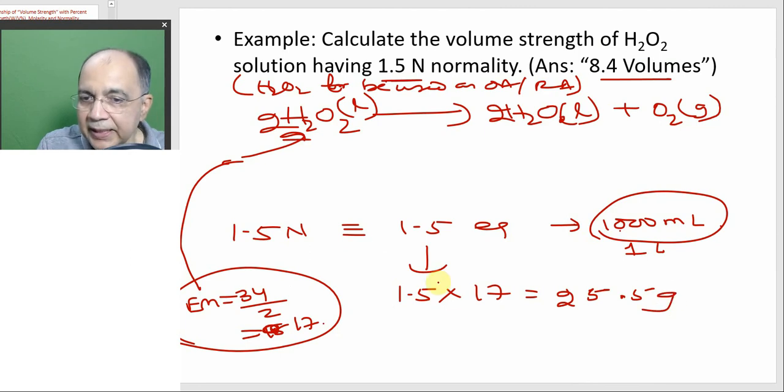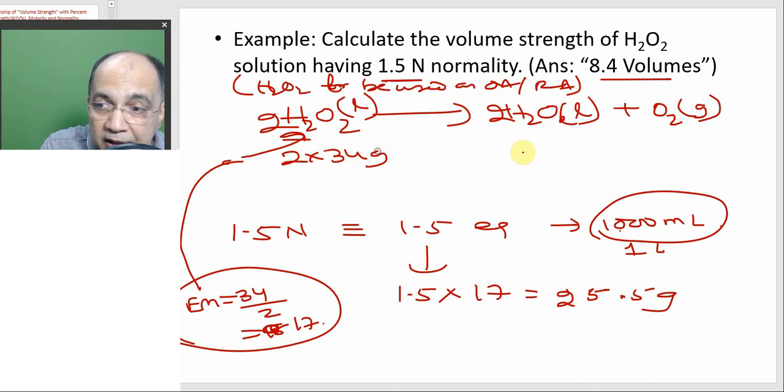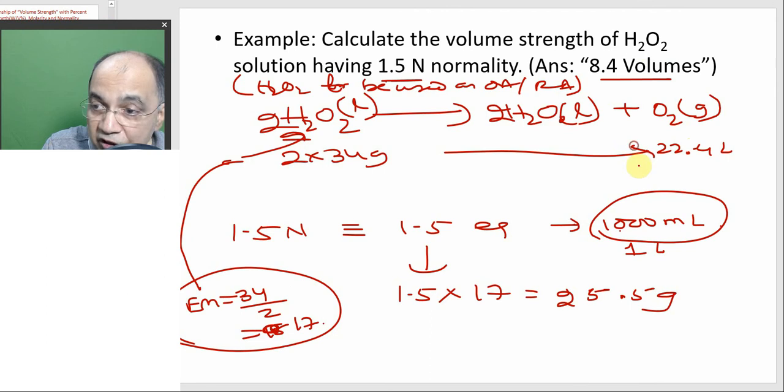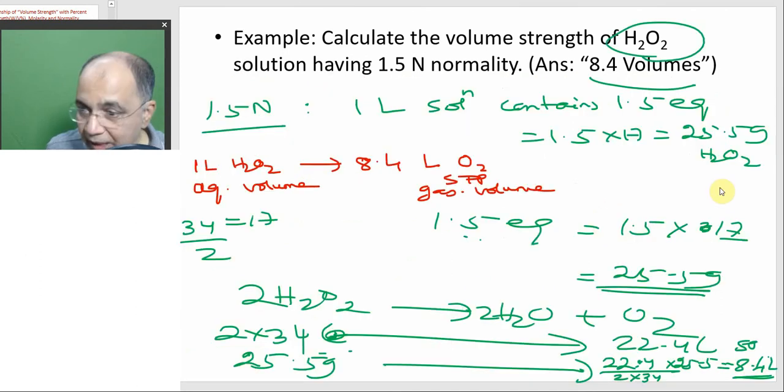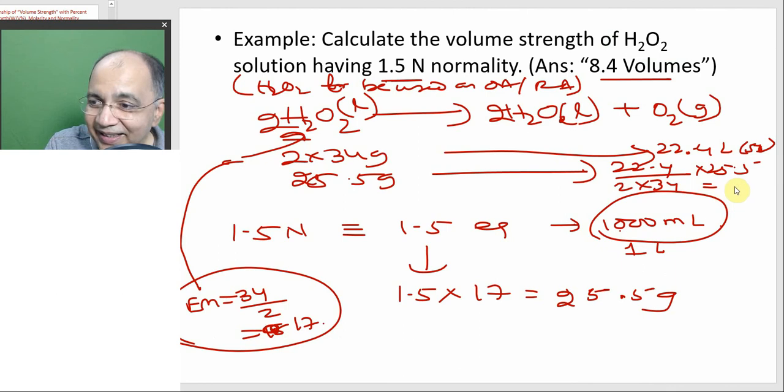So now let us start. 2 into 34 gram produces 22.4 liters of oxygen gas at STP. Then 25.5 gram will produce how many liters of oxygen gas? 22.4 by 2 into 34, into 25.5. I have done it, that is coming 8.4 liters. That's it.